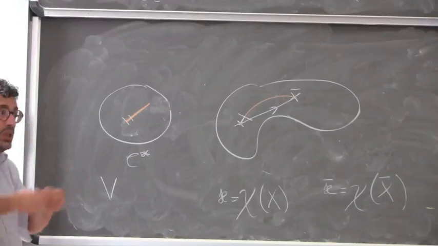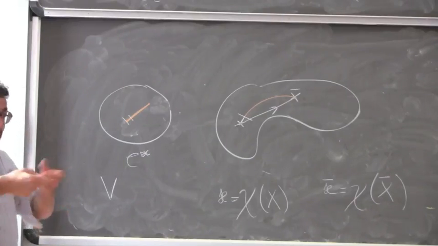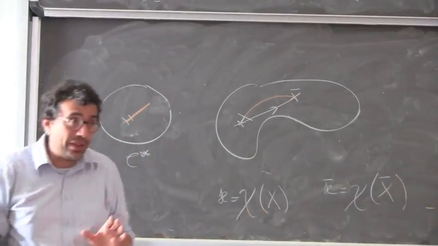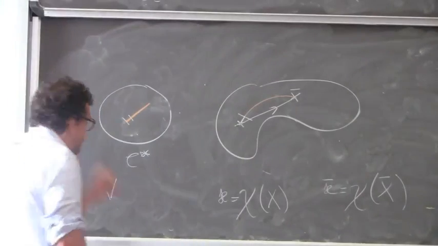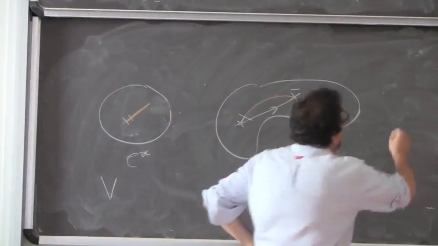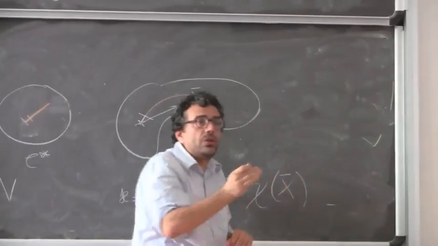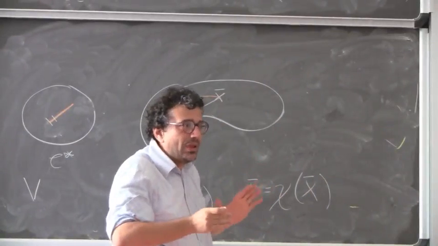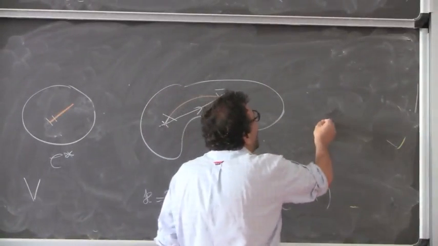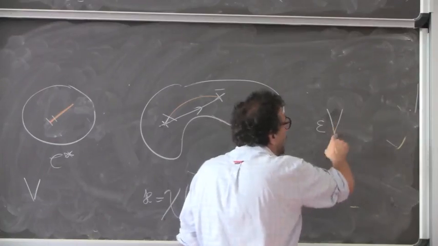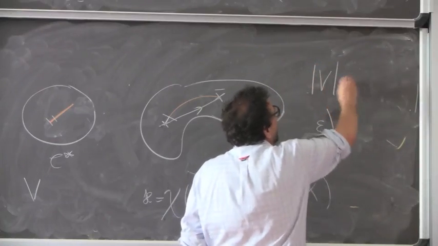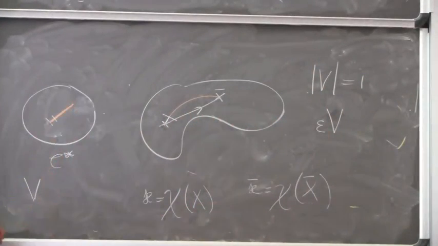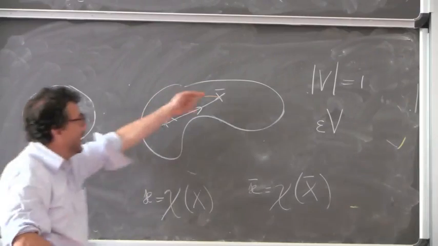And this is the reason for which we try the Taylor expansion of the deformation. Okay? Usually in the books, all this is implicit, not explicit. If epsilon capital V has norm 1, this is a finite segment, and so this can happen.